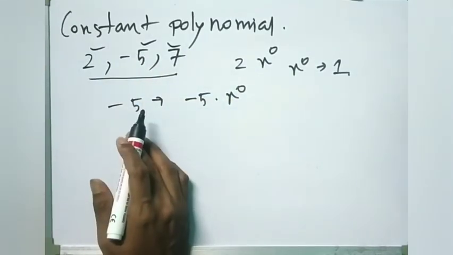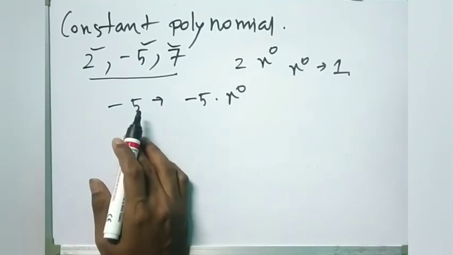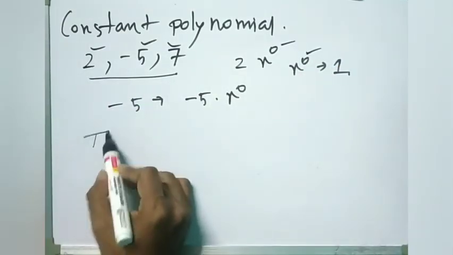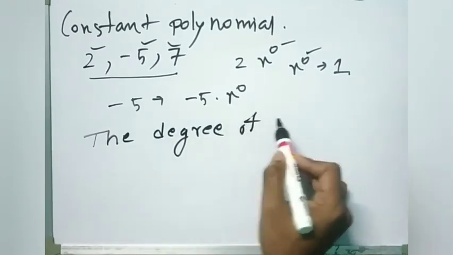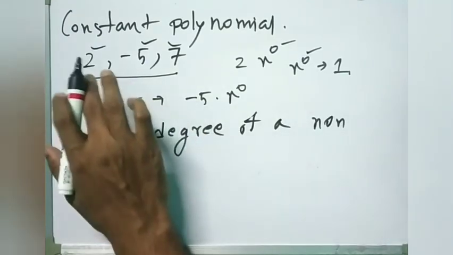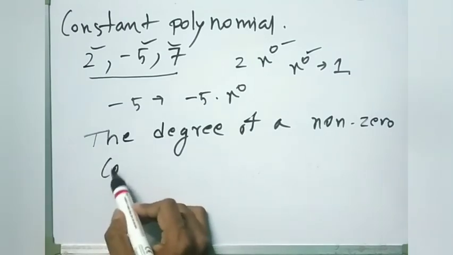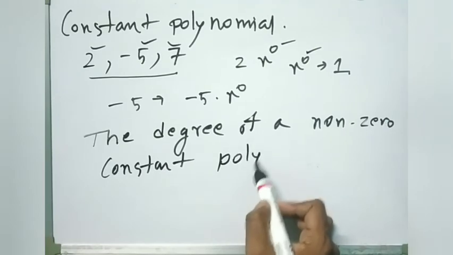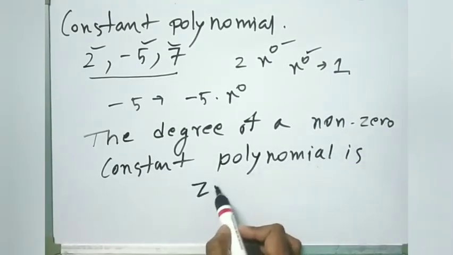So we can conclude that the degree of a non-zero constant polynomial is 0.